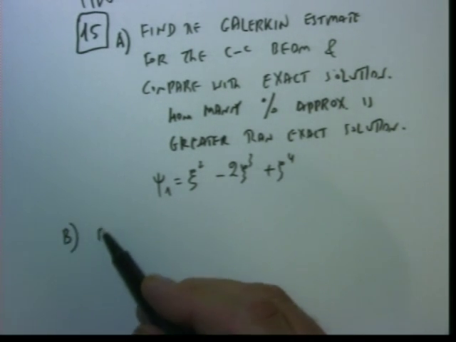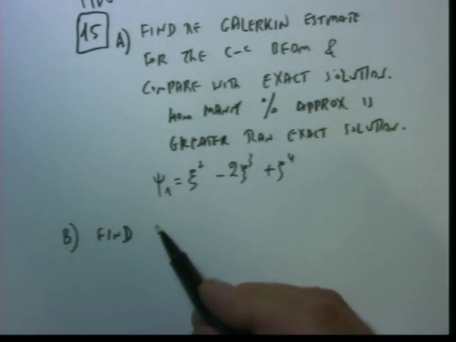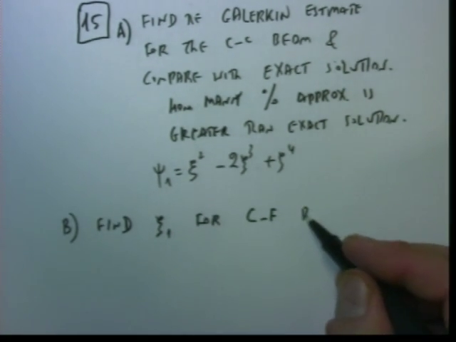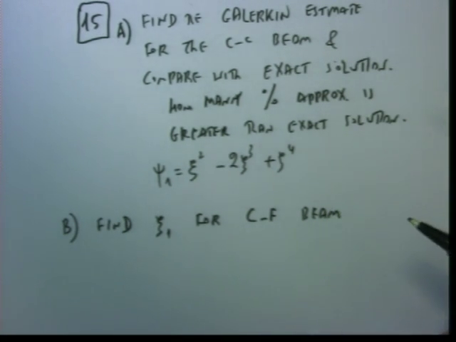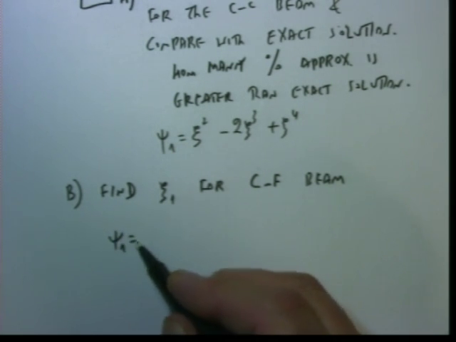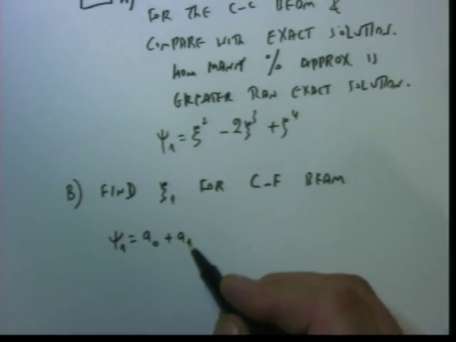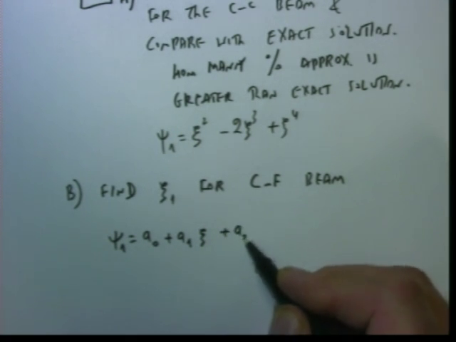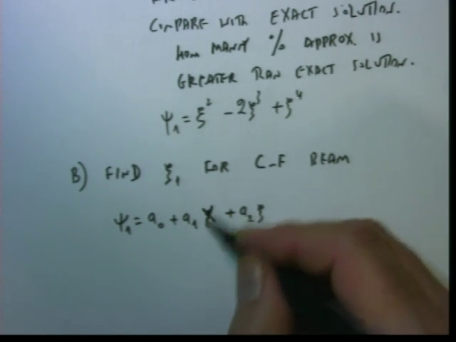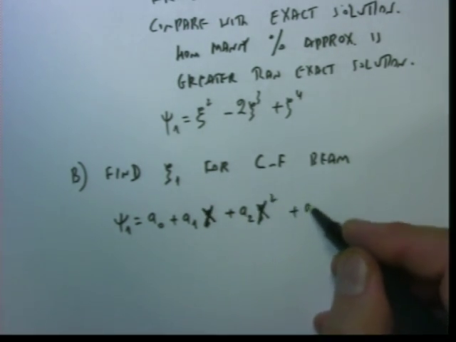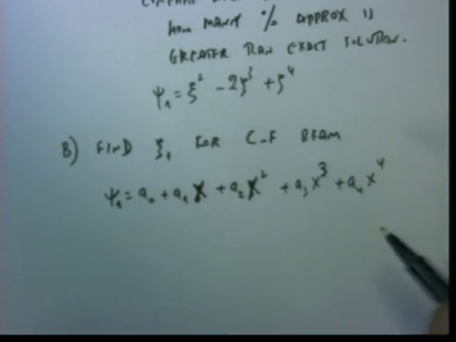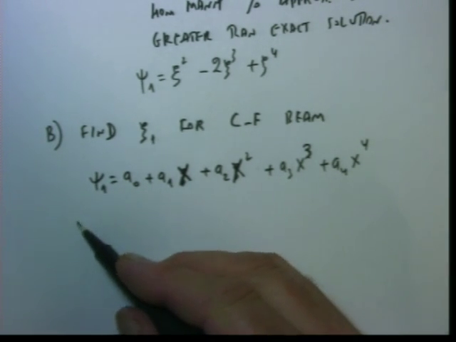15b. Find psi1 for clamped free beam. So how do we do that? I think psi1 equals, say, a sub 0 plus a sub 1 x plus a2 x squared plus a3 x cubed plus a4 x in 4th power, and then satisfy the boundary conditions.